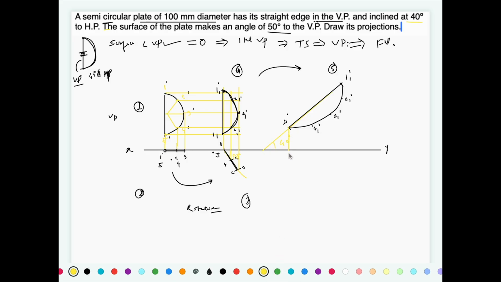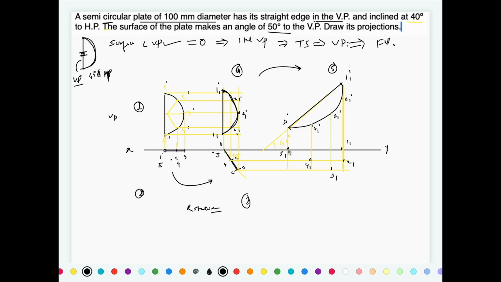Finally project all the points for the top view. Project all the points from this second top view also, and mark the intersection points. So this is 1, this is 2, this is 3, this is 4 and this is 5.